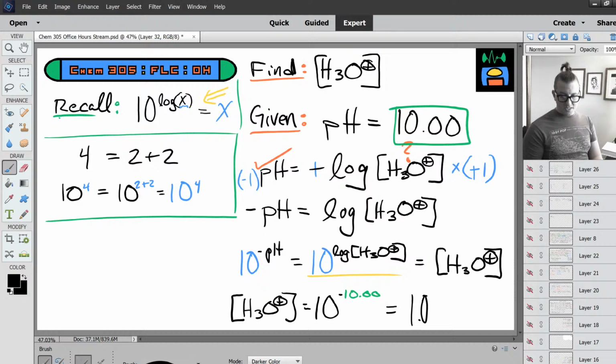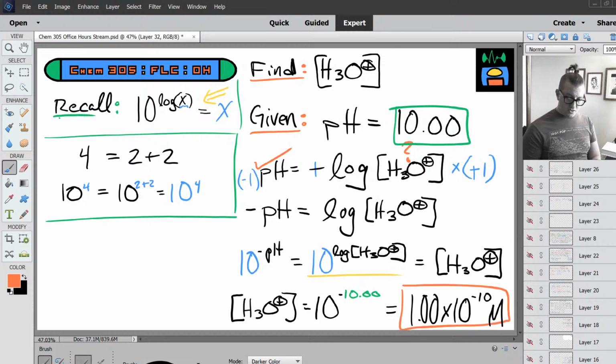It's going to be 1.00 times 10 to the negative 10 molar. And again, you don't need to worry about sig figs when you're dealing with problems with pH. Don't even stress about it.